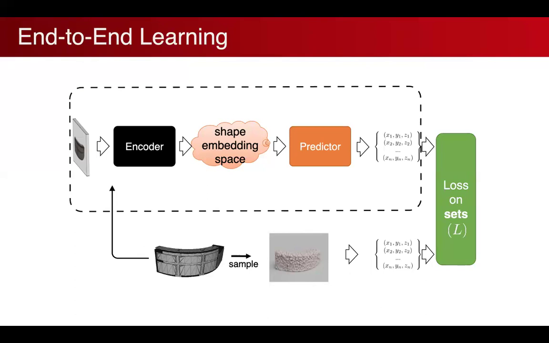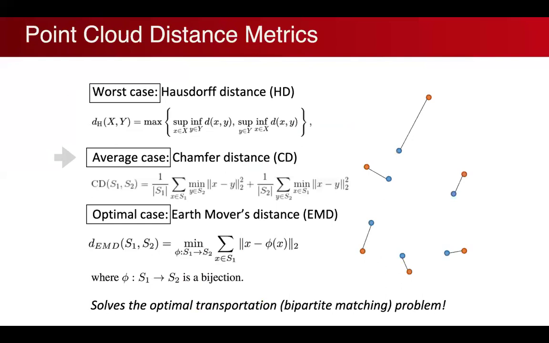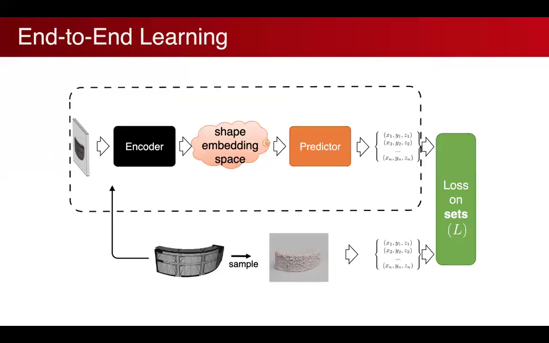And we need a way to compare these two point sets. This is the important thing about this architecture, and it's crucial for the network to learn in this fashion. It has to be able to compare the different point sets for doing the optimization of the neural network and learning the shape embedding.